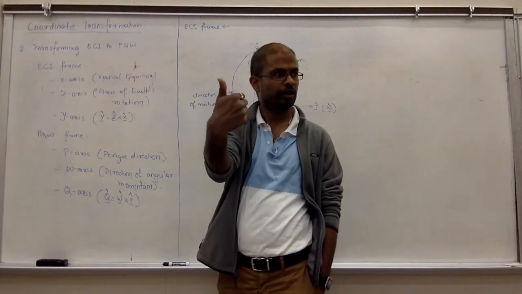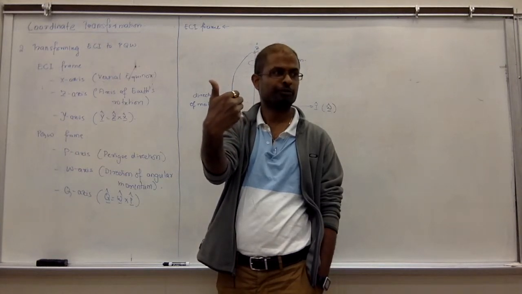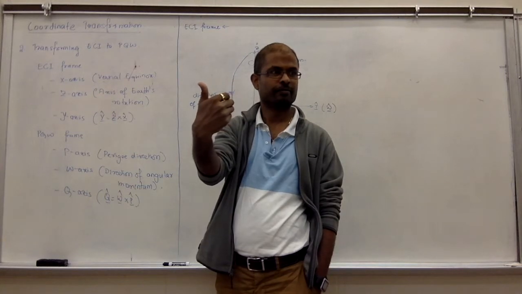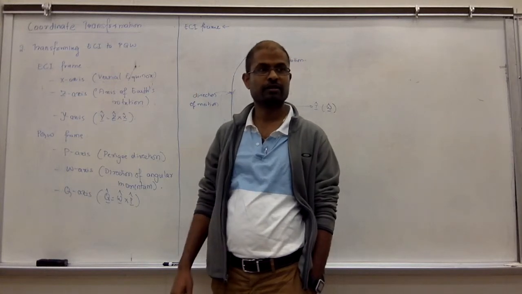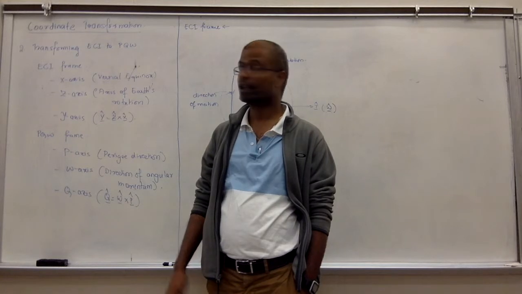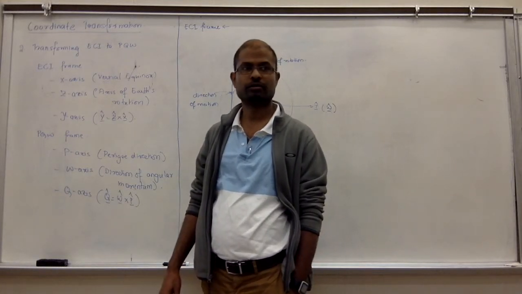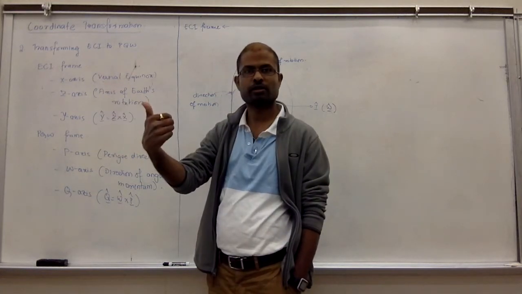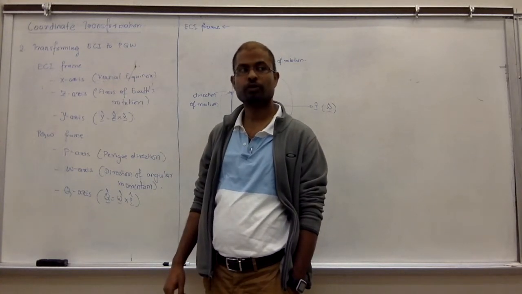If you do a 90-degree rotation about this W axis, what happens? Q goes inside. So if you rotate the ECI frame 90 degrees, you will end up in the PQW frame.